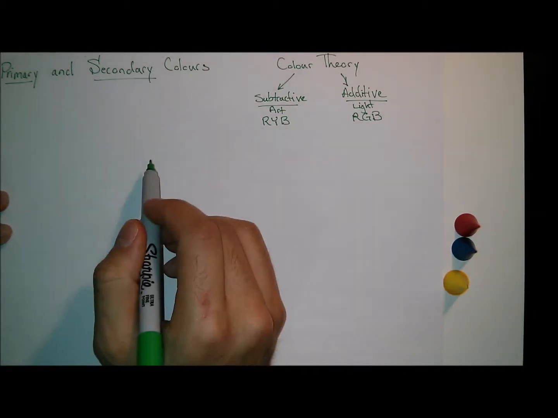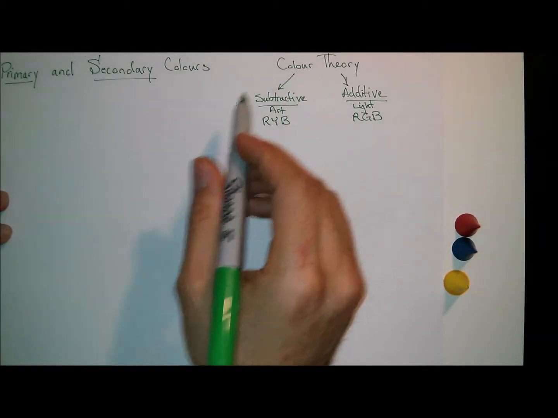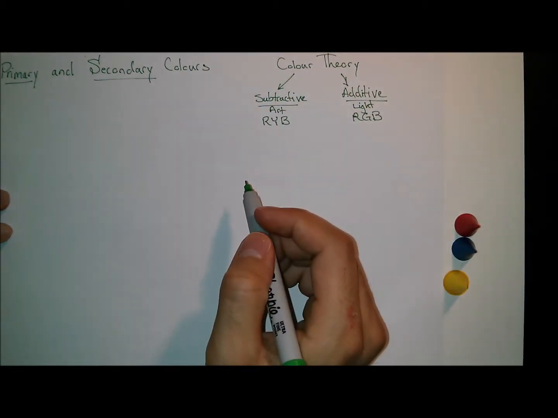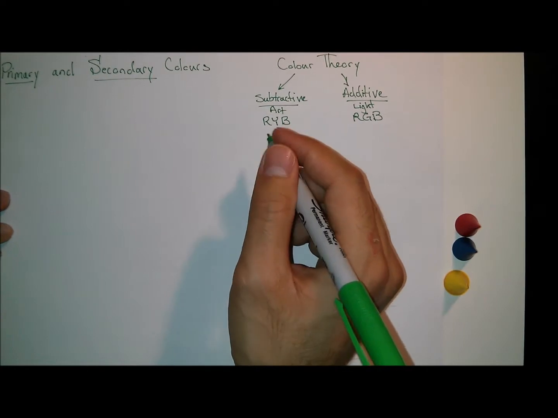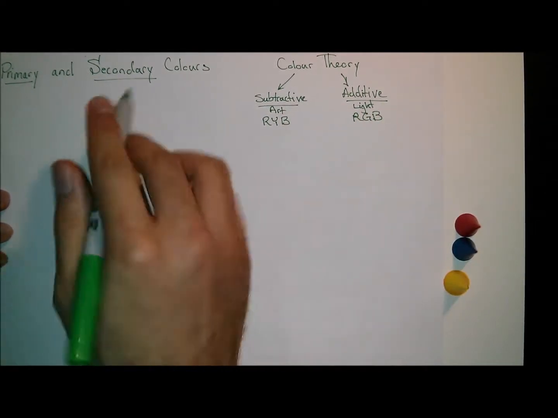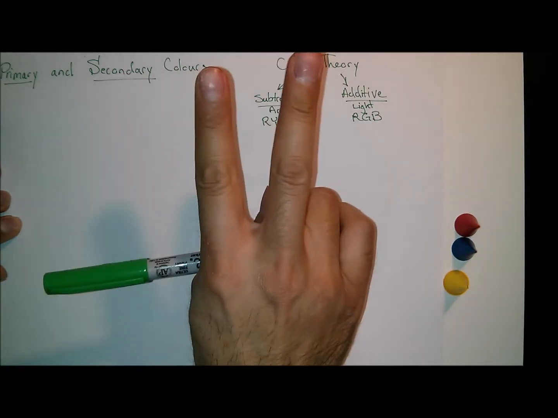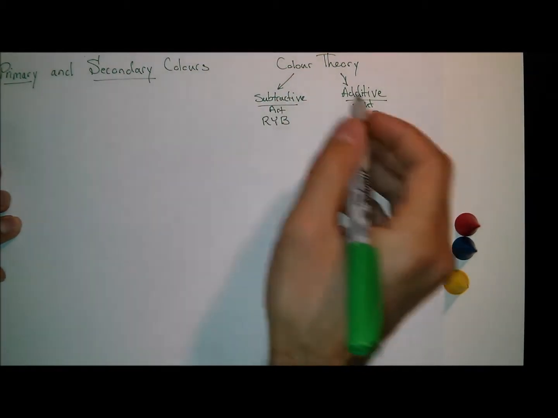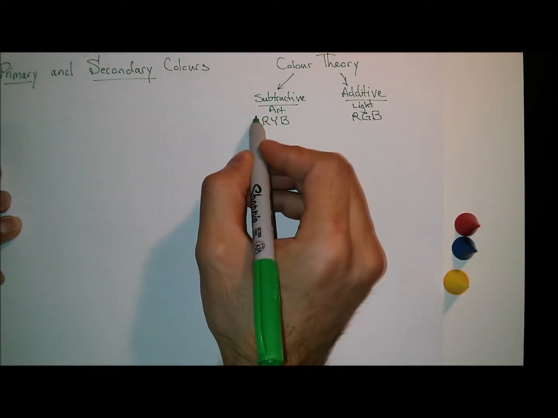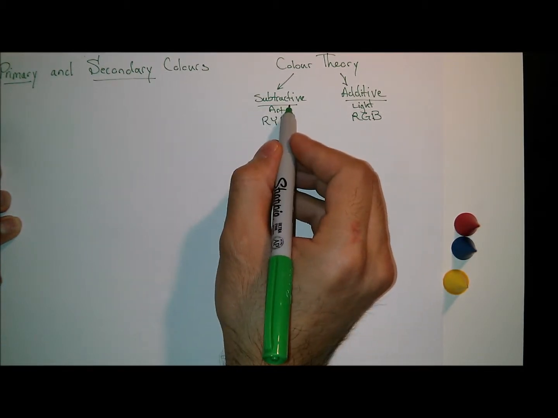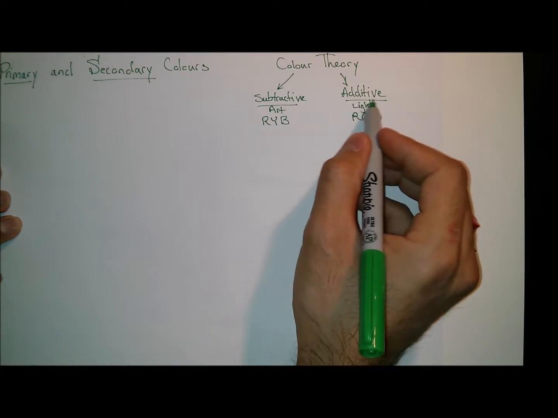Now when we are talking about colors, we have to look back to what is called color theory. In this theory, it will explain how colors work. It branches off into two sections, where one deals with art, pigmentation, and paint, which is called subtractive, and the other one is additive.